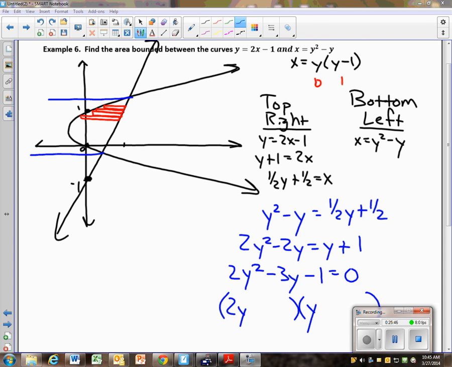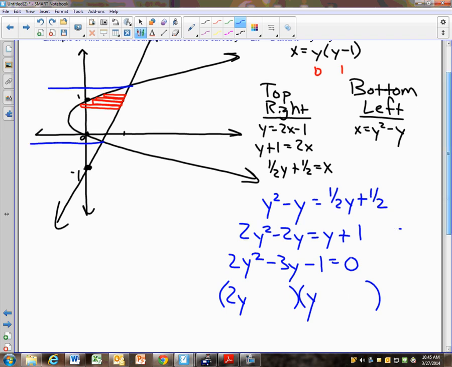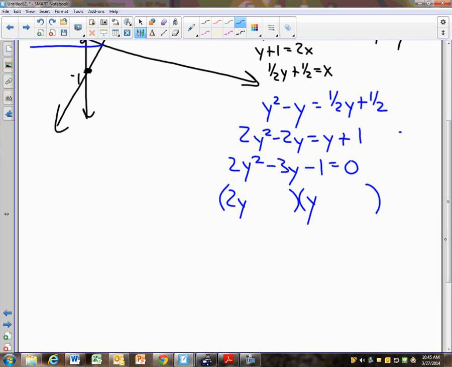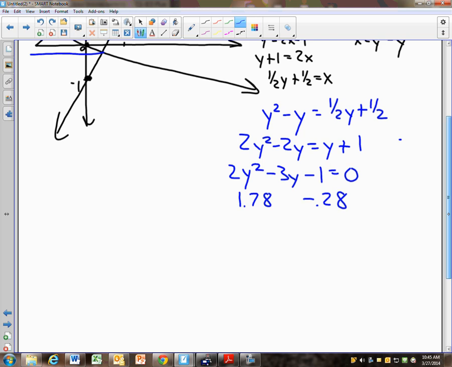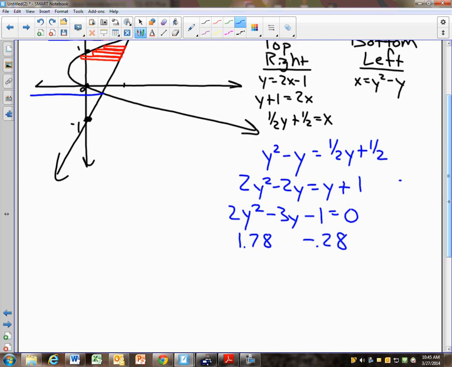The problem I did last year factored. I remember it full well. This one does not factor. If it did, great, you'd be good to go. It doesn't factor, so you end up with, as Emma said, 1.78 and -0.28. So we had to use the quadratic formula. Like I said, the problem I did last year factored. I don't know what happened. I blame track and field season.